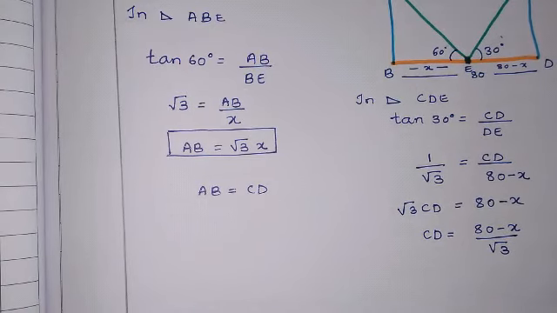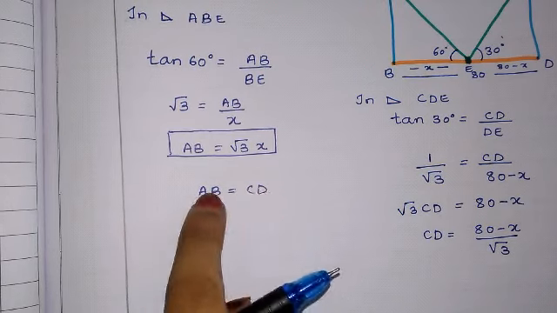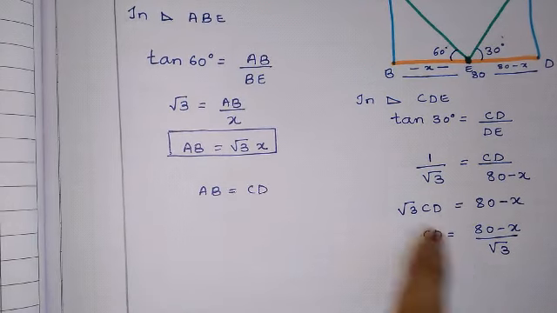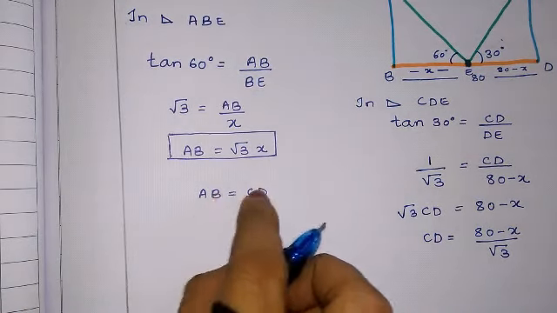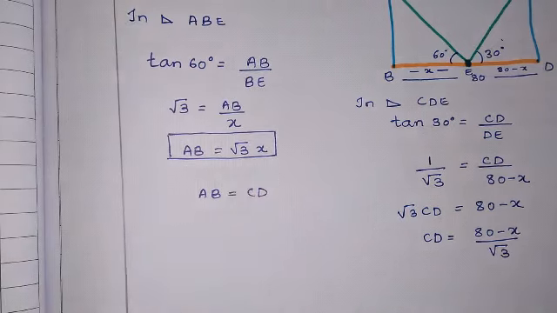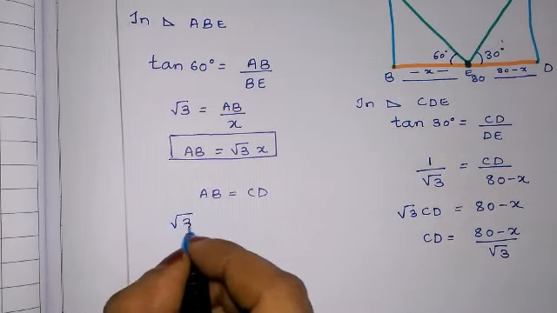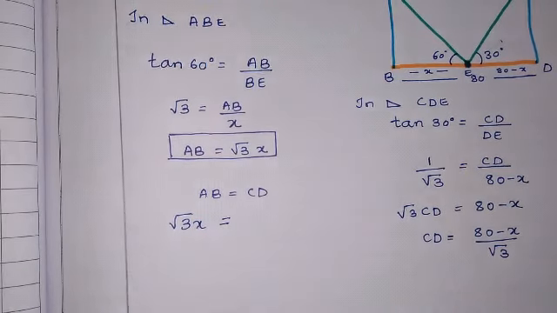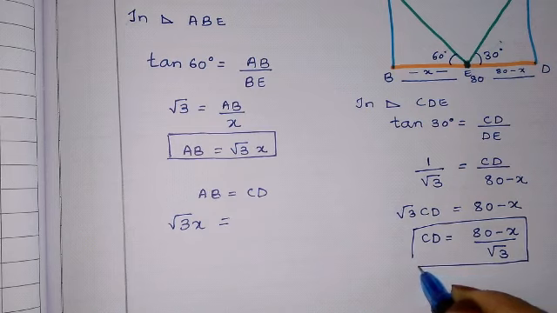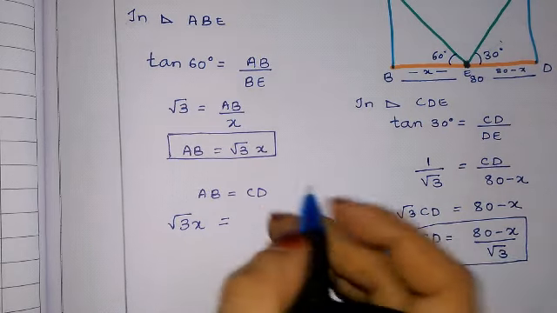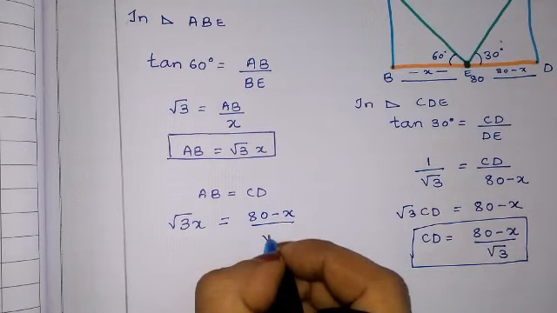Things which are equal to the same thing are equal to one another, we know that. AB value I am writing root 3x, and CD value is nothing but 80 minus x upon root 3.